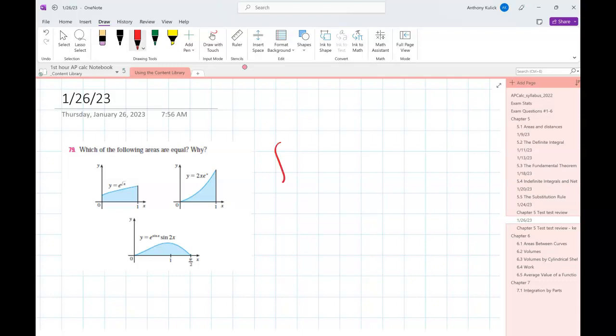So for the first one, we have the integral from 0 to 1 of e to the square root x dx. To set up my u substitution, I would say u should be the square root of x. du dx then would be 1/2 x to the negative 1/2.